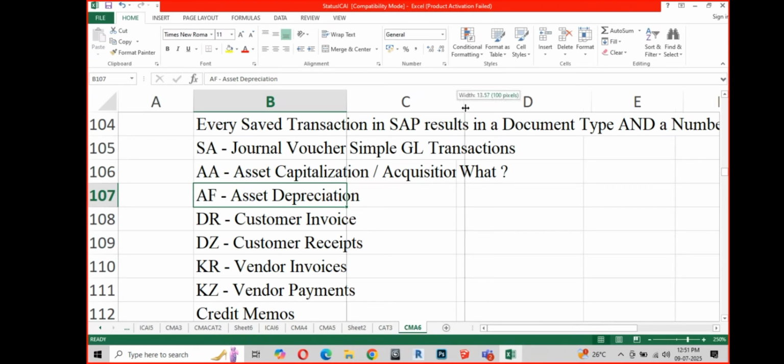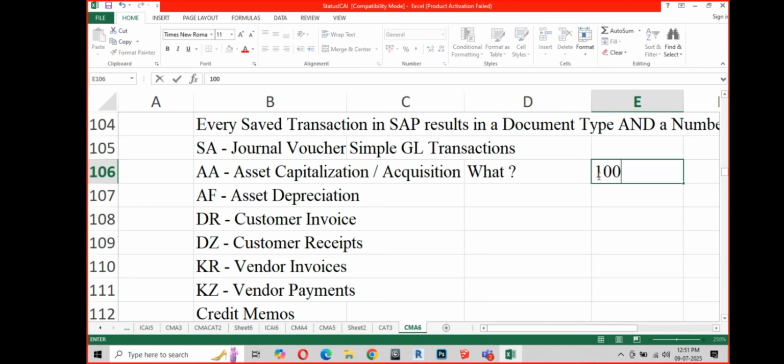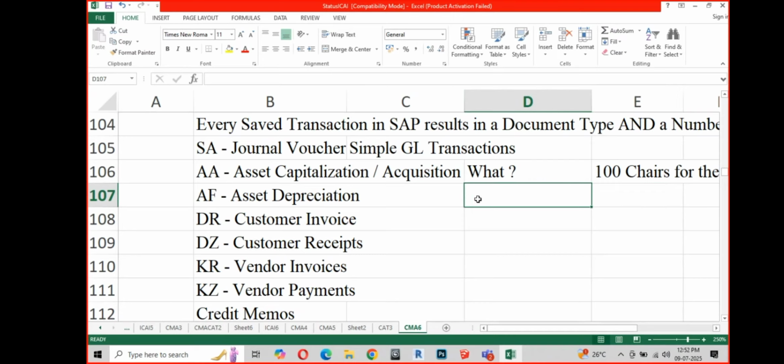My organization wants to buy 100 chairs, computer chairs, for the computer department. So what happens in your finance? Whenever I record this transaction, what is the entry? Asset account will be debit to whatever, to vendor.